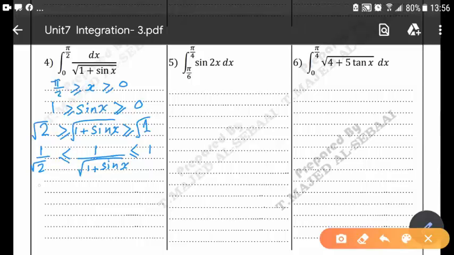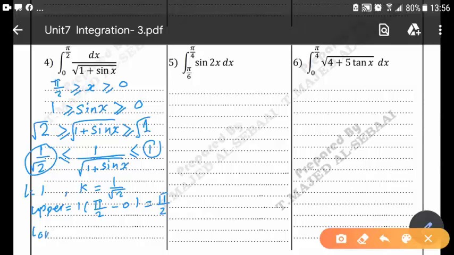Now the upper limit, you know now that L is 1 and K is 1 over root 2. This is the K and this is the L. So the upper limit equals 1 times pi over 2 minus 0, which is pi over 2.